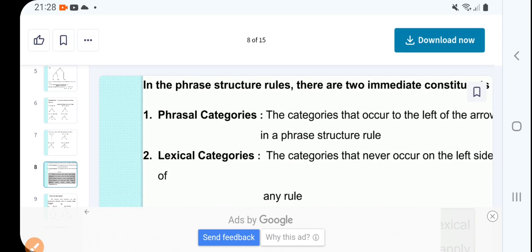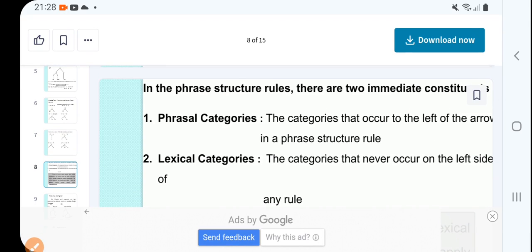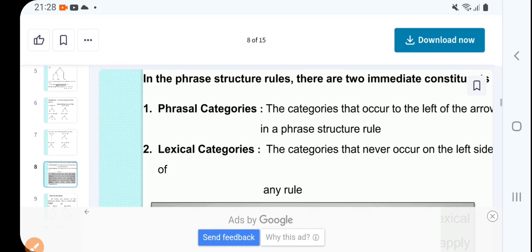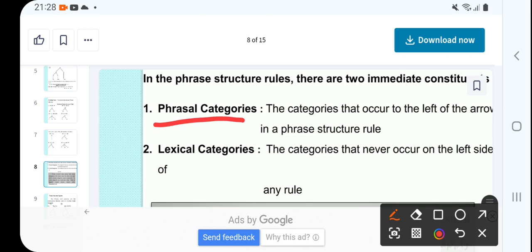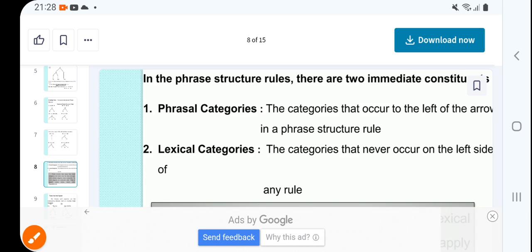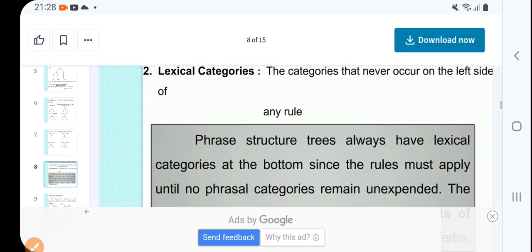Now in prepositional phrase, structure rules, there are 2 phrase structure rules. There are 2 immediate constituents, right? What are they? Phrasal categories and lexical categories. Phrasal categories are the categories that occur to the left of the arrow in a phrase structure rule, and lexical categories are the categories that never occur on the left side of any rule.